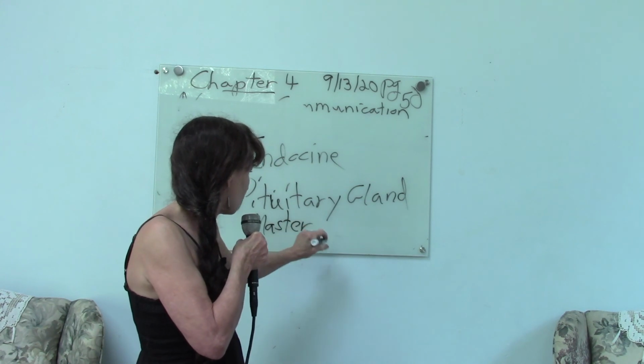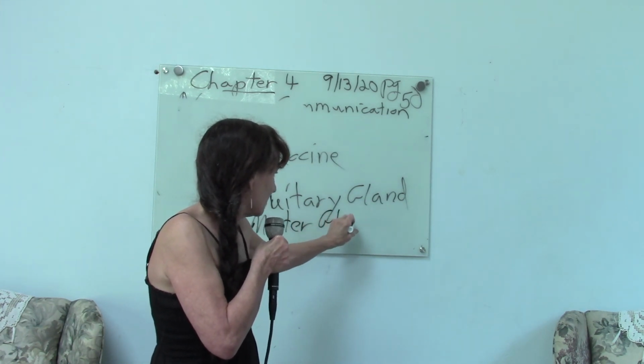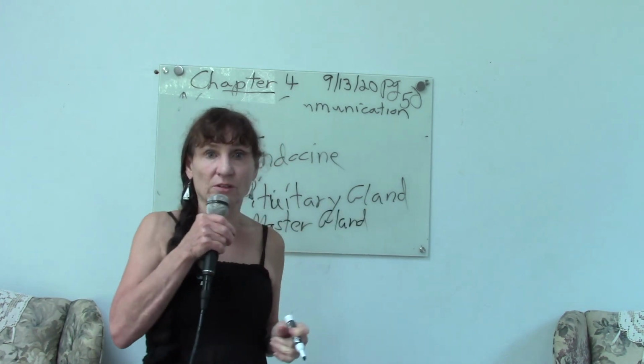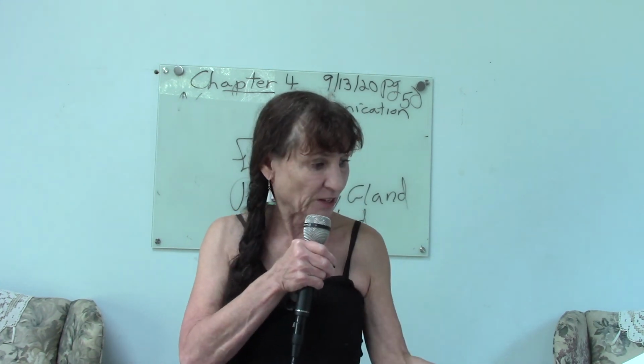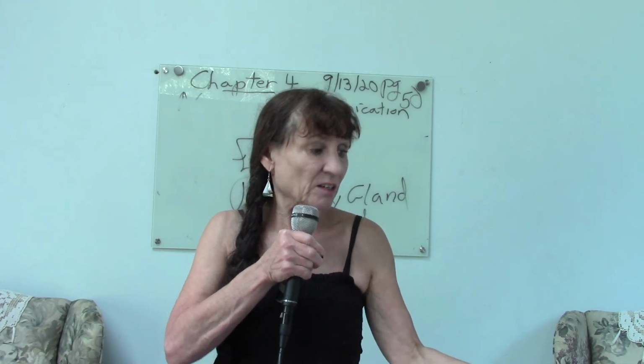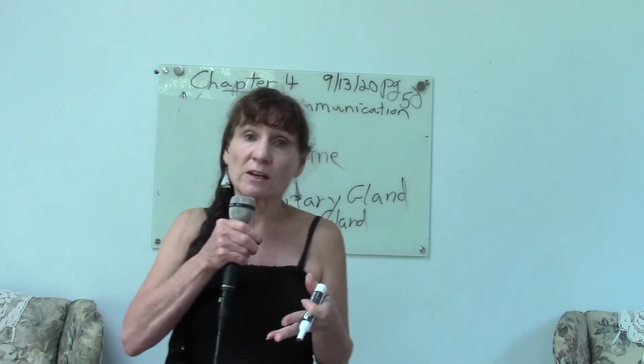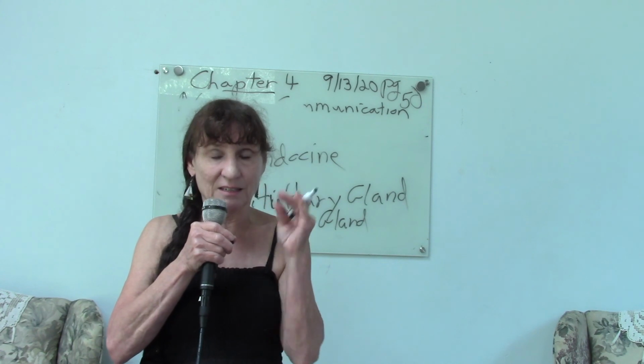It helps regulate all the other structures of the endocrine system. So you've got the pancreas, the parathyroids, the adrenal glands, I'm sure you've heard of that one, the testes, the ovaries, etc. What we're going to concentrate on next week is the hypothalamus, because this is in the brain.